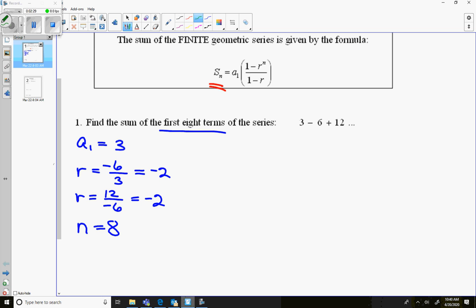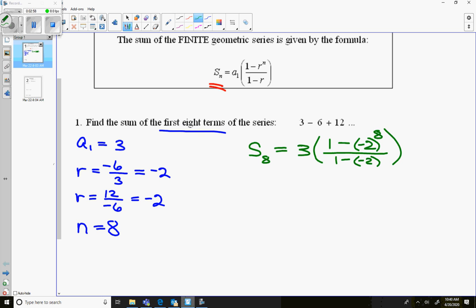And now just use the formula. So the sum of those first 8 terms will equal your first term times 1 minus, now the entire r is -2, to the nth power, which is 8, all divided by 1 minus that r.